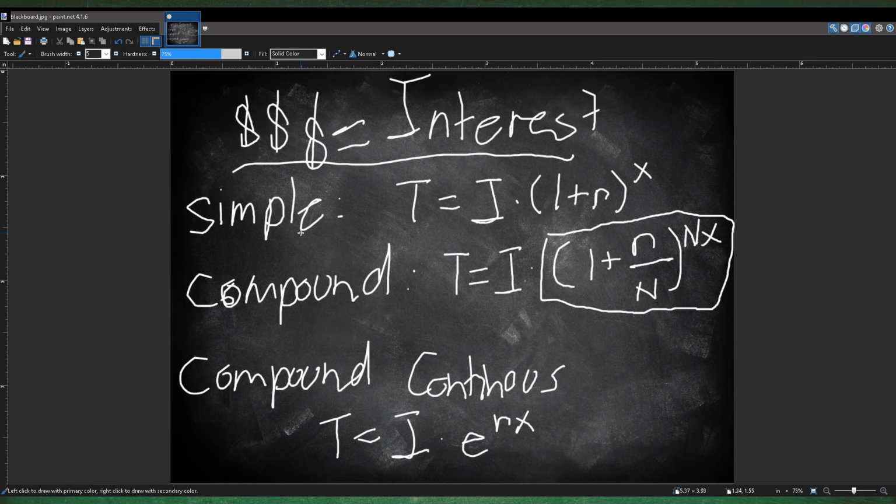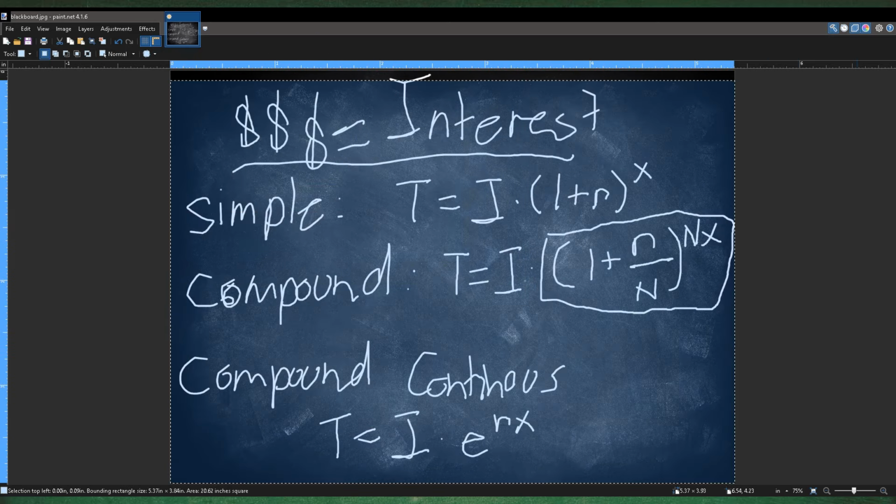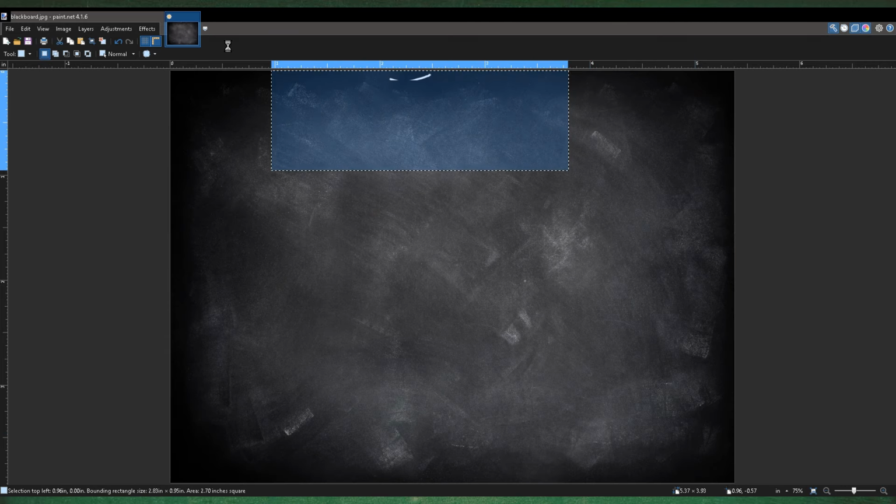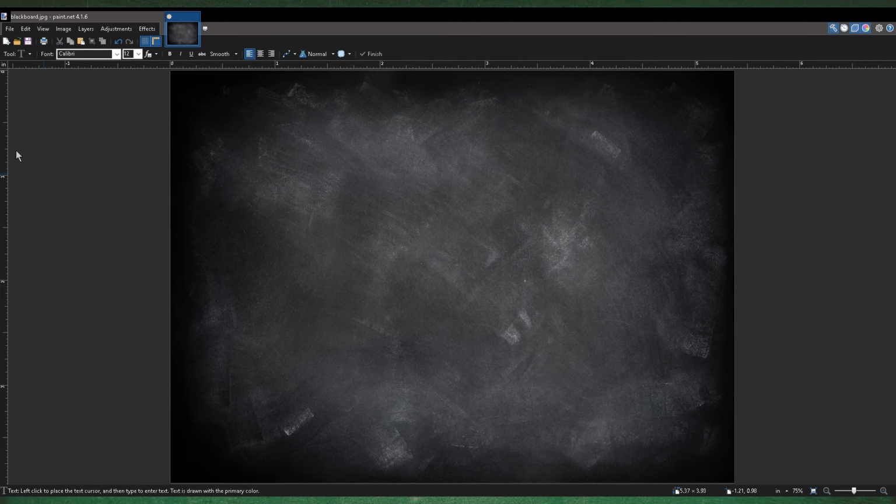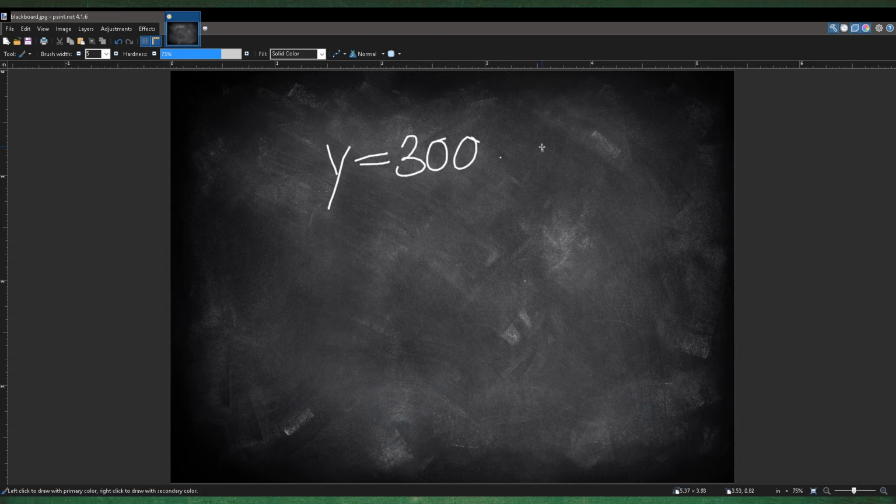Anyways, let's do some examples. So let's solve an interest amount. Usually the type of questions presented are like, if you have an equation, let's say y is 300 times 0.2 to the power of 5x, and they're asking when would the y value double, when would the initial amount double.